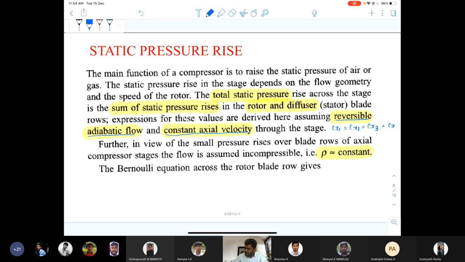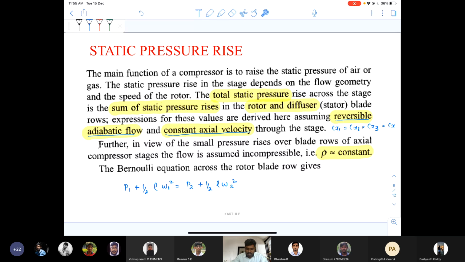Bernoulli's equation, as we studied in fluid mechanics, gives P1 plus 1/2 rho W1 square equals P2 plus 1/2 rho W2 square, where P1 and P2 are the pressures at state 1 and state 2, W1 and W2 are the relative velocities at state points 1 and 2, and rho is the density.